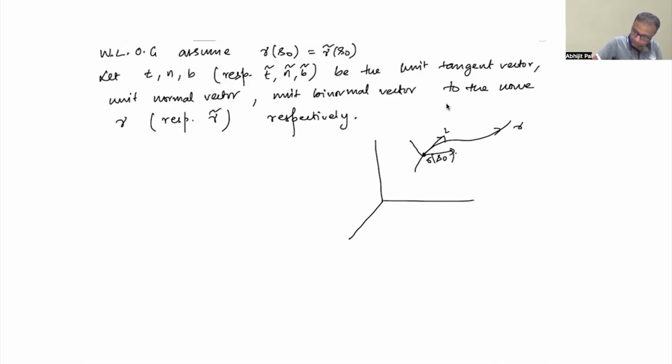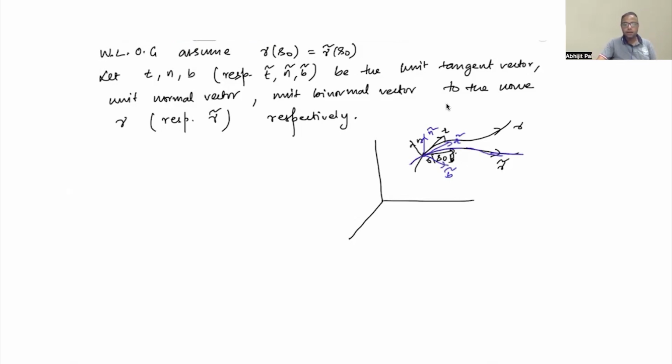This is the tangent vector, this is the normal, and this is the binormal. For the curve gamma tilde you also have another triad T tilde, N tilde, B tilde.